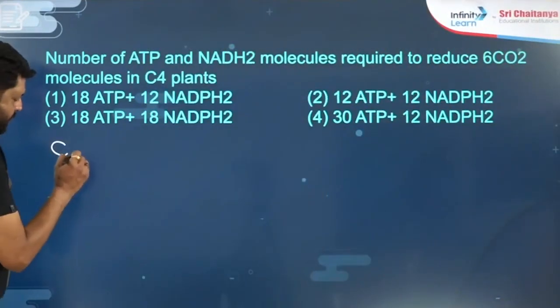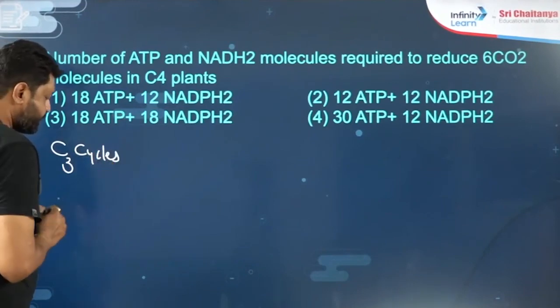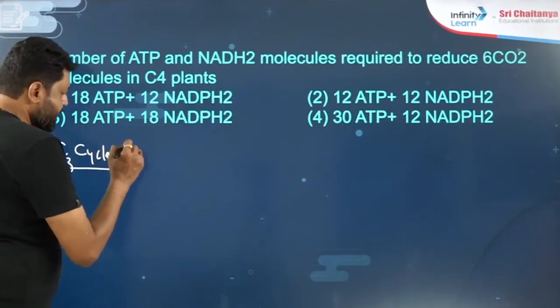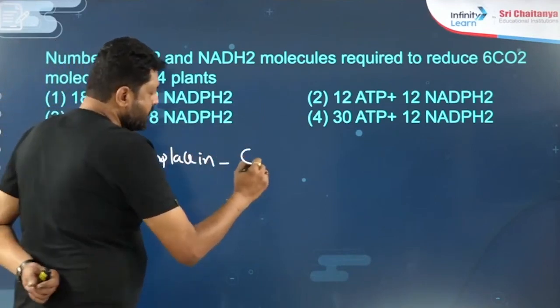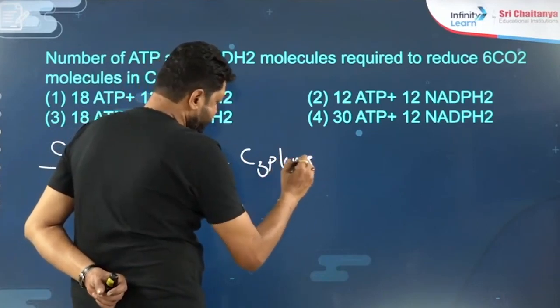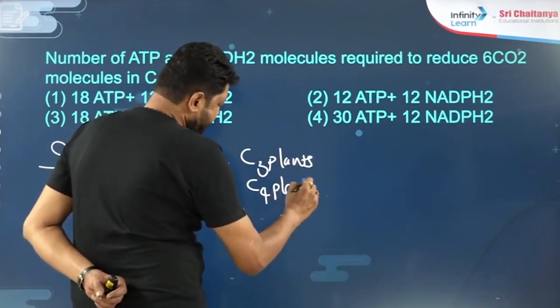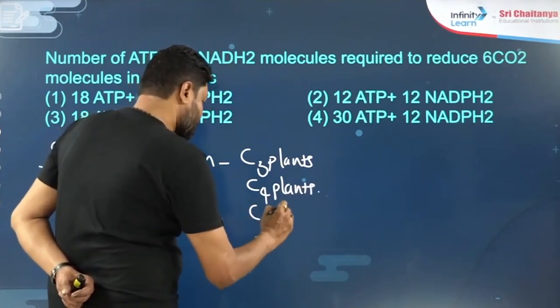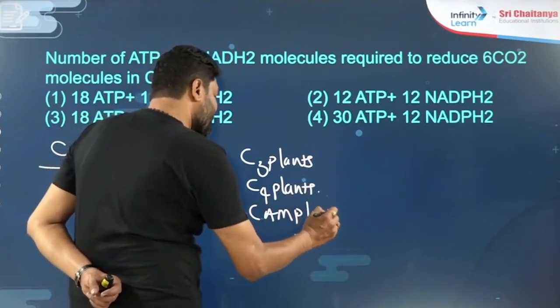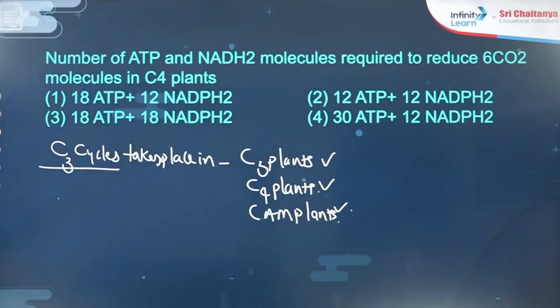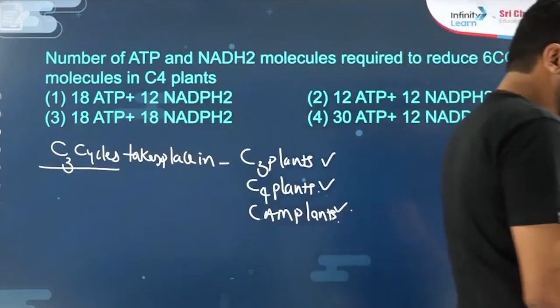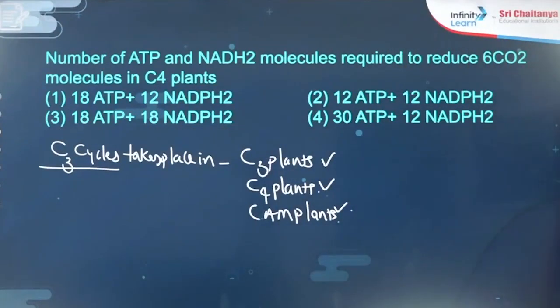The C3 cycle, or Calvin cycle, takes place in C3 plants only, in C3 and C4 plants, or in C3, C4 and CAM plants. CAM, crassulacean acid metabolism.